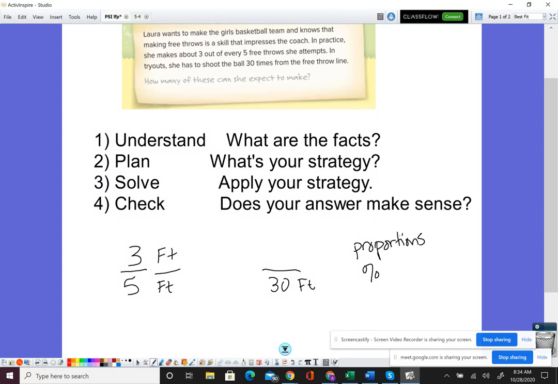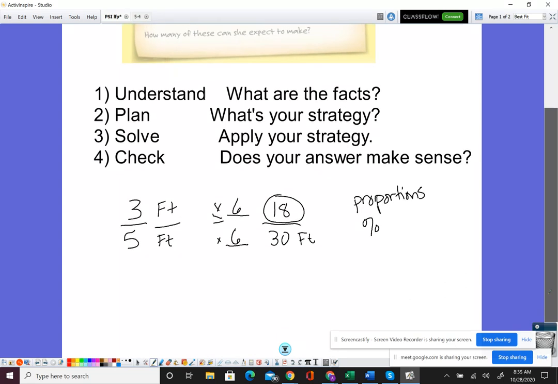Okay, so you were using basically the proportions, and you saw that 5 went into 30. So what do you have to multiply 5 by to get 30? And that was your 6. And so you went up here and you multiplied this by 6 and got 18. So that's the amount that we could expect to do that.